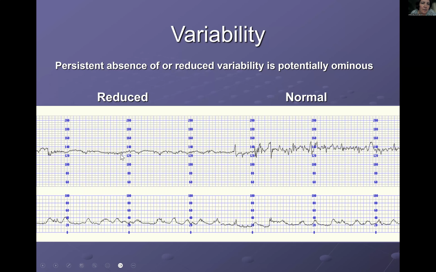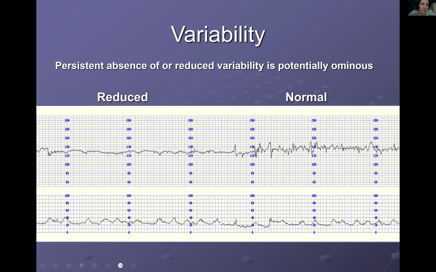Most probably in this case, the patient must have received, for example, pethidine as a form of analgesic during labor, and so there was a temporary reduction in the variability, because of course even the baby ends up getting some of that pethidine while still in utero. Then most probably the mother also changed position, and some time passed as well, and the variability improved.